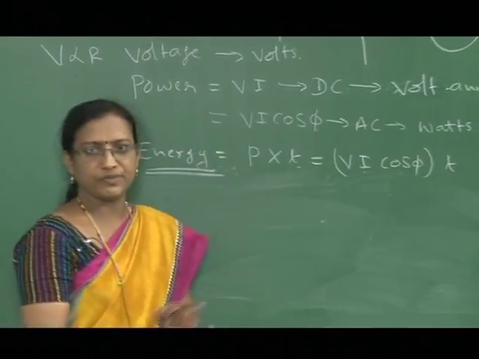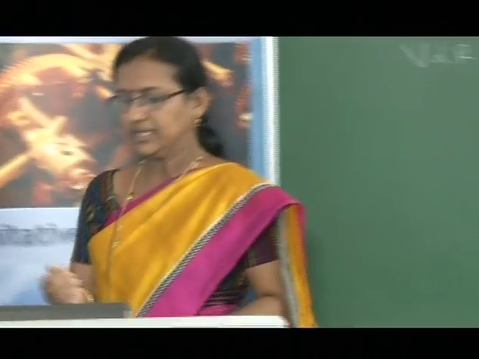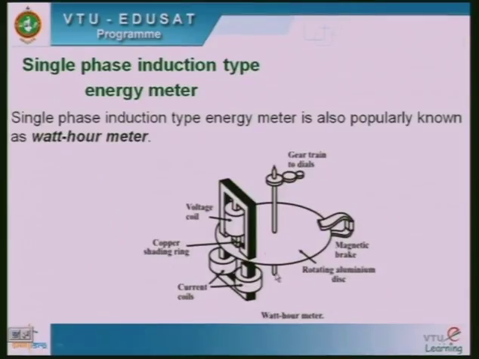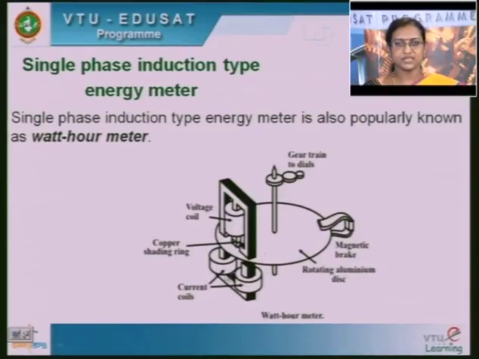These types of energy meters are used for domestic purposes. Here is the construction of this energy meter. You have the voltage coil and the current coil. There are mainly 2 coils, the current coil and the voltage coil, as in the dynamometer type wattmeter.